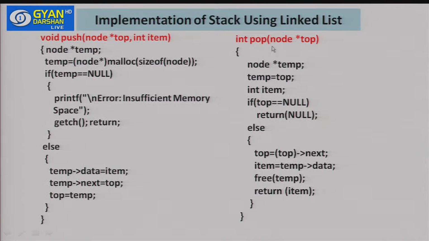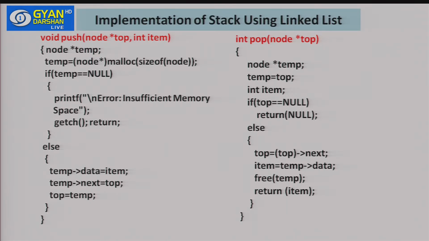Similarly, let us see how we can write the program for the pop function. If we see the definition of pop, here it is returning an integer, its return type is integer. It means that we are going to return the item which is popped from the stack.